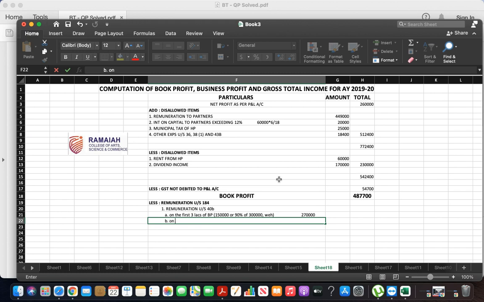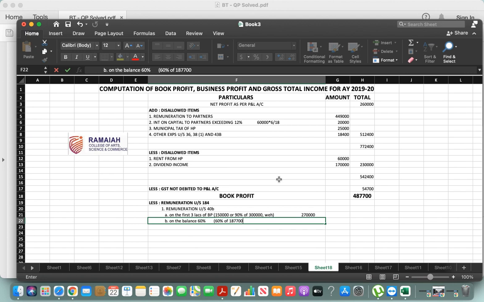Second condition, on the balance 60%. So 60% of, okay, tell me what's the balance? 1 lakh 87,700. 1,87,700.